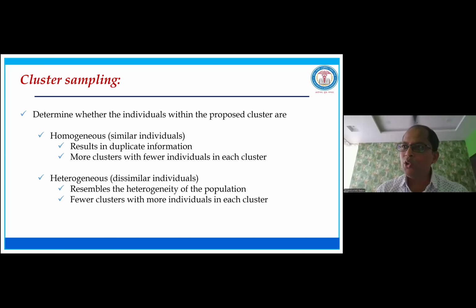And that's why, to solve that particular issue of duplication of the results or findings, we consider the design effect in cluster sampling, so that when we multiply with the design effect and we take a larger sample, it is close to the simple random sampling.